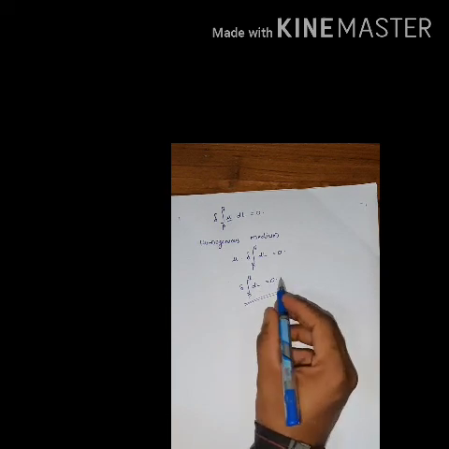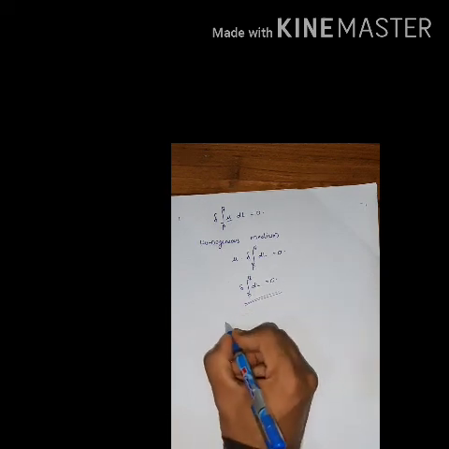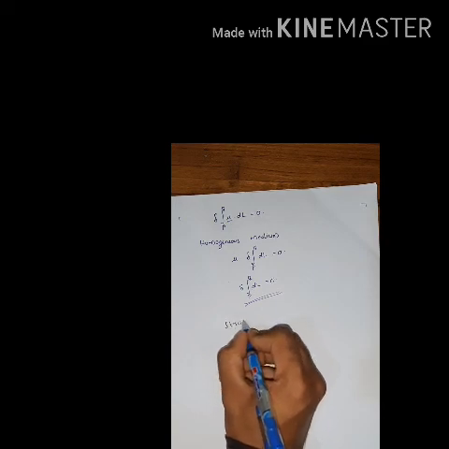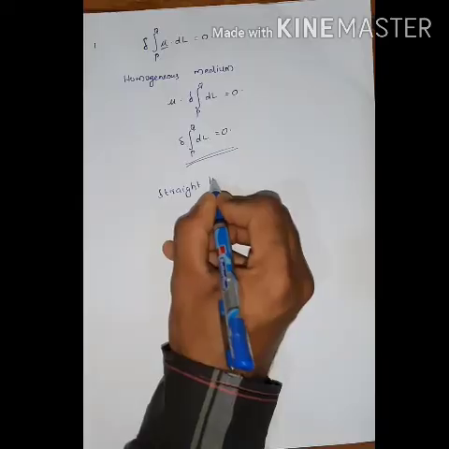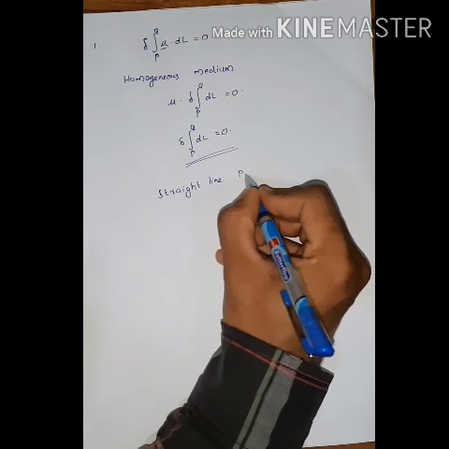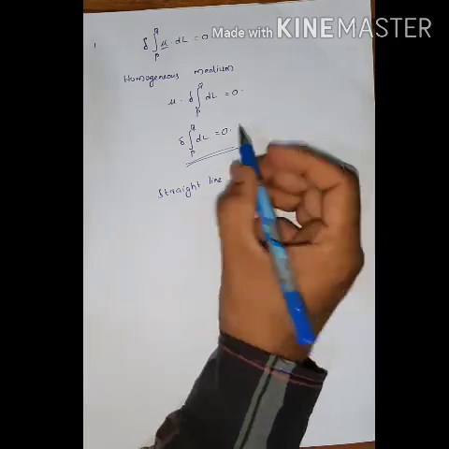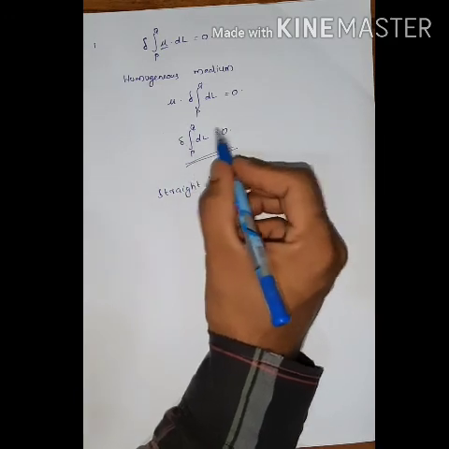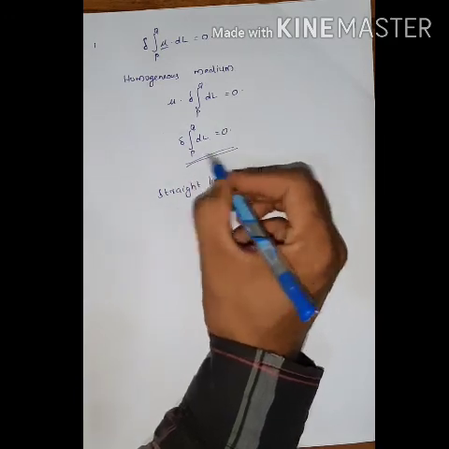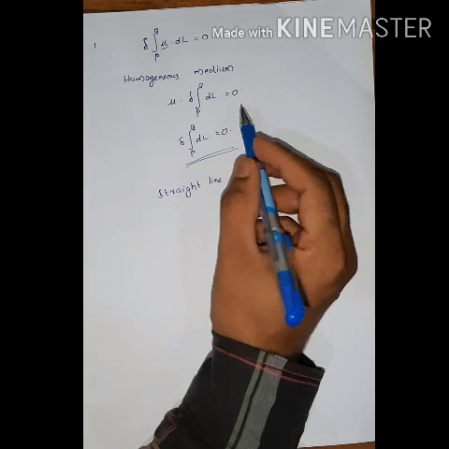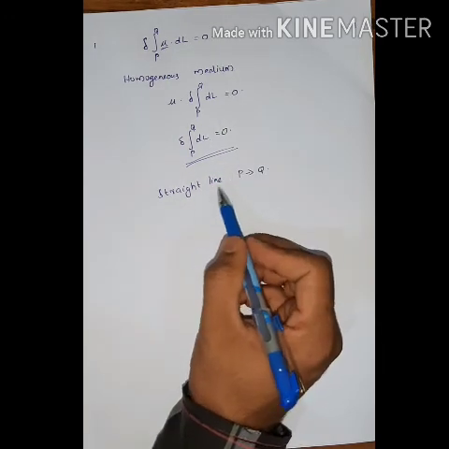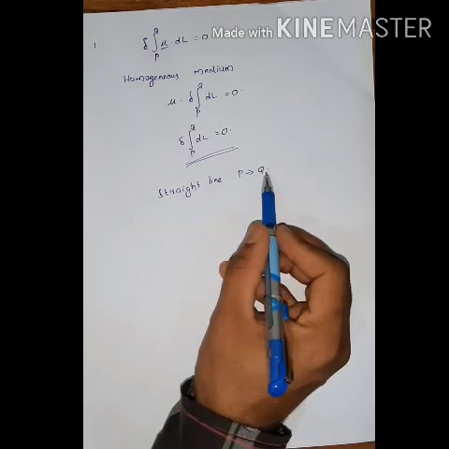That means this distance is nothing but the straight line distance between p and q. This equation will be satisfied only by the distance which is the straight line distance between p and q.